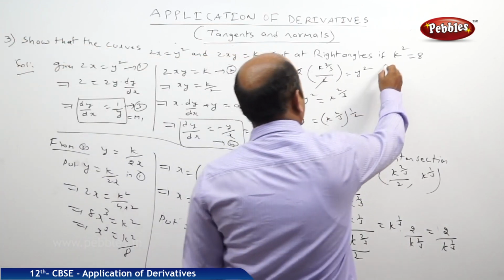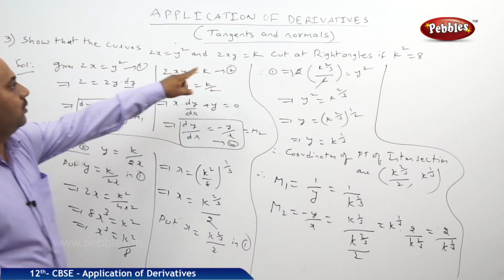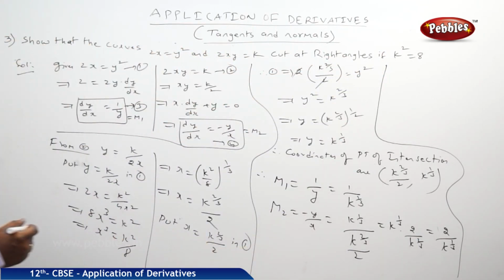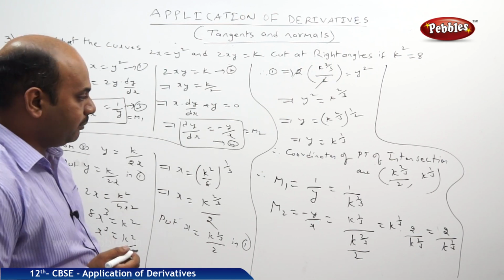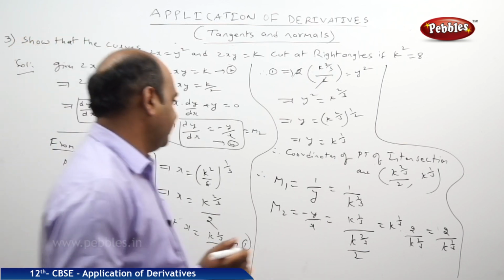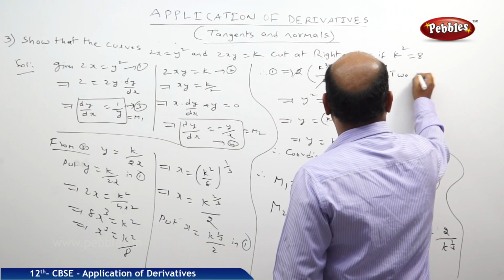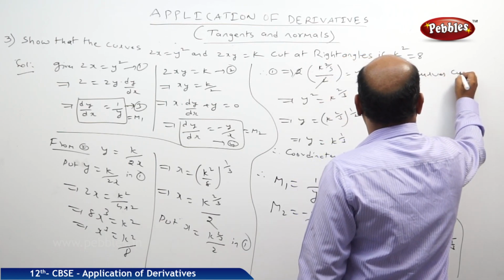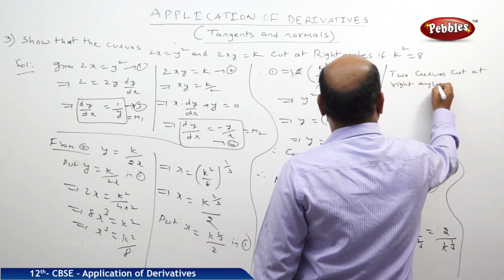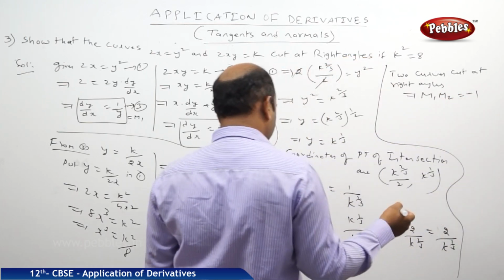Now, here we are given that we need to show the two curves cut each other at right angles if k square is equal to 8. That means my target is to show k square is equal to 8. Two curves cut at right angles, that implies m1 m2 is equal to minus 1.